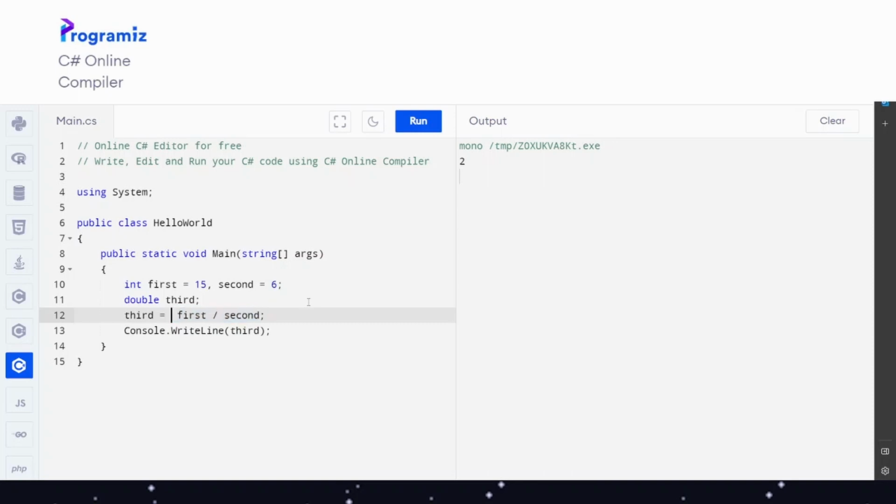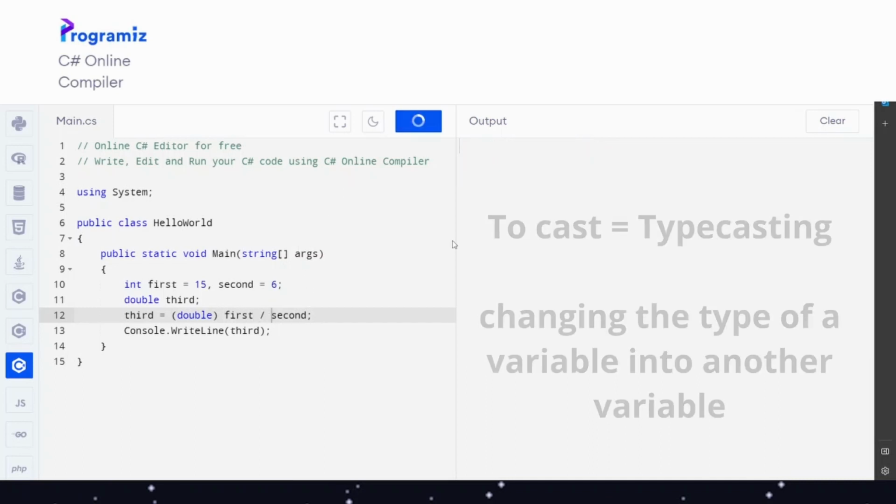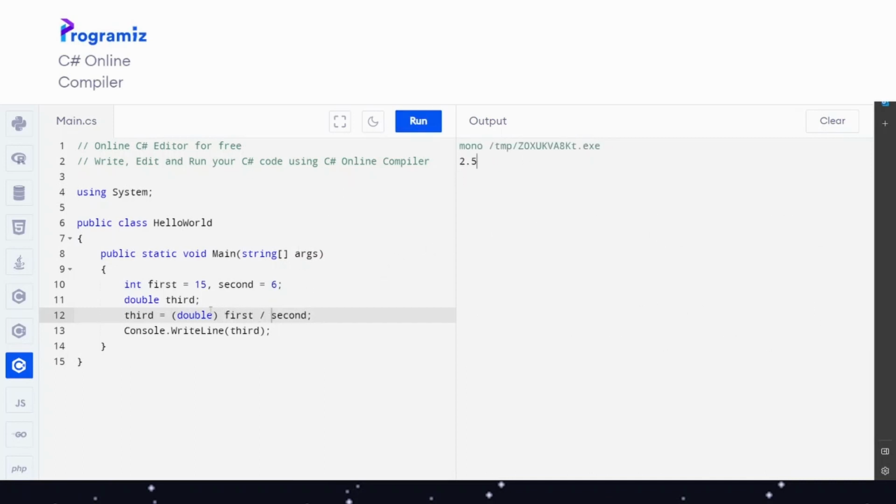To get the 2.5 we need to cast it. Therefore we need to say that this is double, and as you can see we will get 2.5. Typecasting is also something which is used quite often in computer science. However, we'll try to keep it as little as possible.